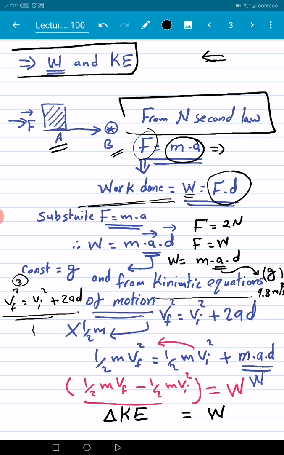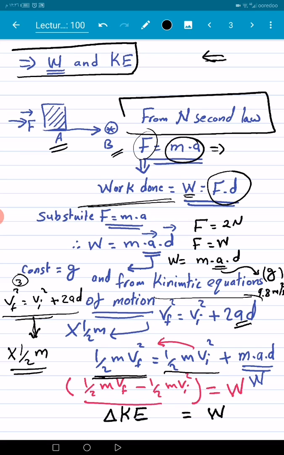Use this equation and multiply it with half m. So half m V final squared equals half m V initial squared plus 2AD, where A here is gravitation.